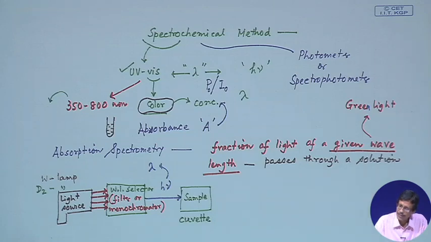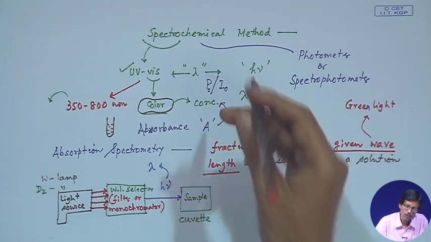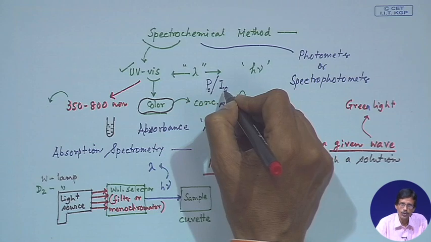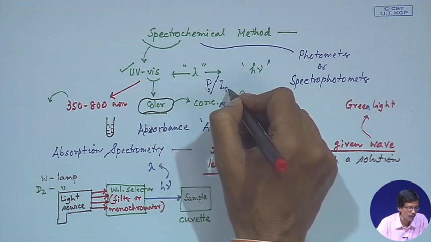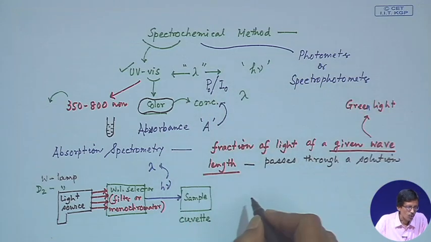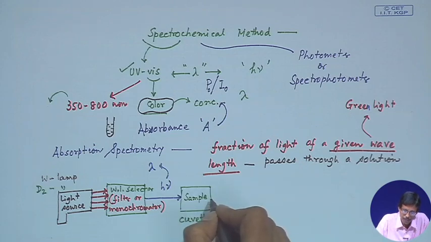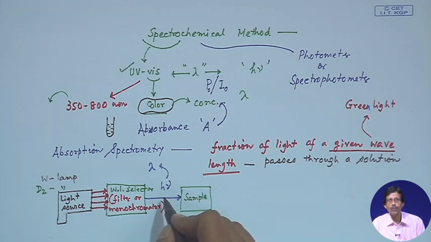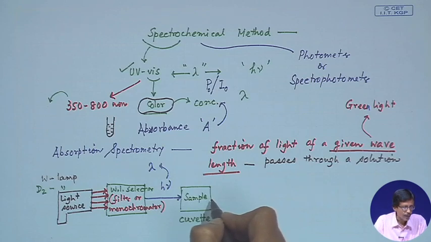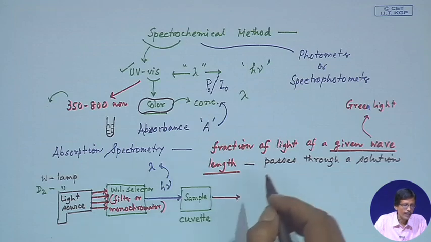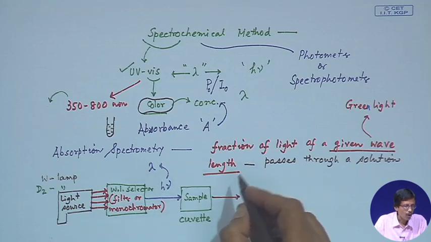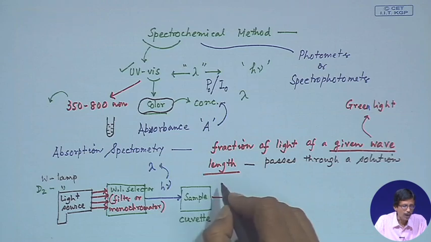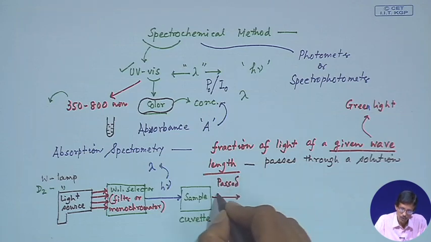This cuvette receives the light of P0 or I0, P for power and I for the corresponding intensity. After this wavelength of radiation passes through this solution, we get the corresponding light, that means the transmitted light which can pass through the solution.